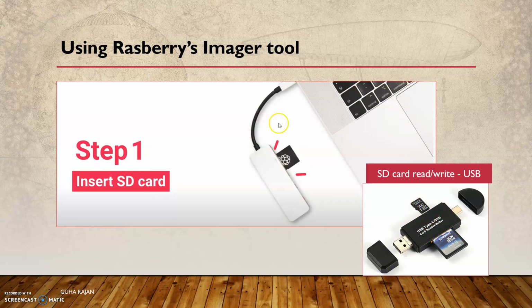You need to insert it into the USB port of the system. Different SD cards are there, maybe 16 GB, 32 GB, whatever you are comfortable with. Have that plugged into the card reader, and plug it into the USB port.